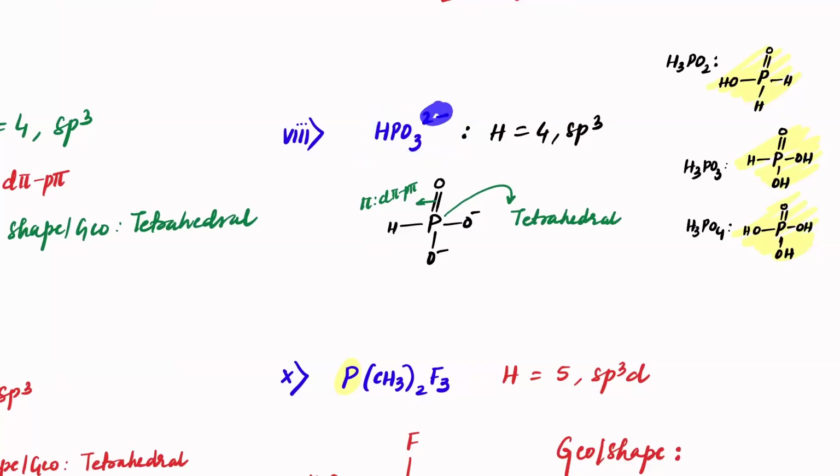You know where this 2 minus will come from? It will come from the acidic hydrogens, which is this one. This is an acidic hydrogen, which means it's sufficiently polarized. I mean, it has high positive charge to release out as H plus. Same goes with this one. After removal of those two H plus only, we get this form, HPO3 2 minus. Clear? So that's what we have written.